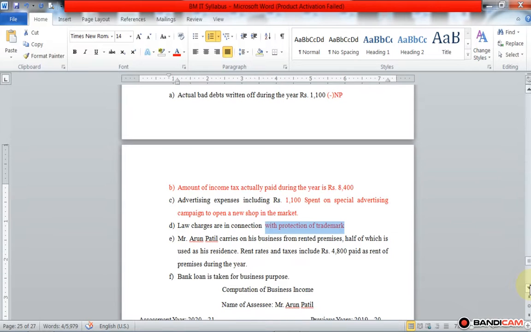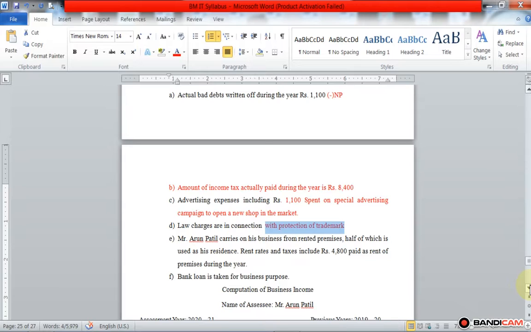Then, Mr. Arun Patil carries on his business from rented premises, half of which is used as his residence. Rent, rates and taxes include rupees 4800 paid as rent of the premises during the year. It means the one rented premises is divided, half for business and half for residence.